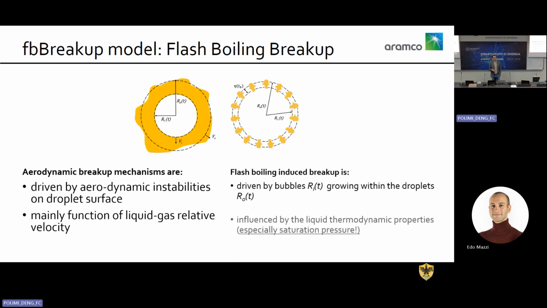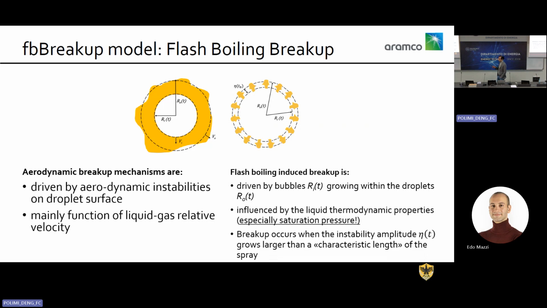But since we are injecting a superheated spray, a superheated liquid, we believe that there's another mechanism that is driven by thermodynamics, which is driven by bubbles that grow within the droplets. And the Rayleigh-Plesset equation is what we have as the rule that basically drives the bubble growth.